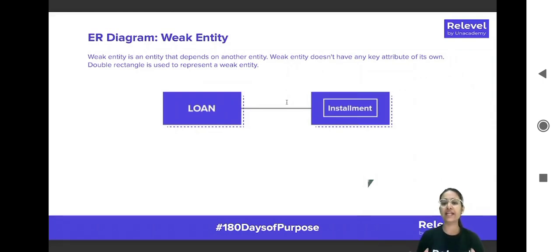A weak entity does not have any key attributes of its own. You remember every entity has attributes, and one of those attributes is usually a key attribute, but weak entities do not have key attributes of their own. A double rectangle is used to represent a weak entity. That is what we talked about.